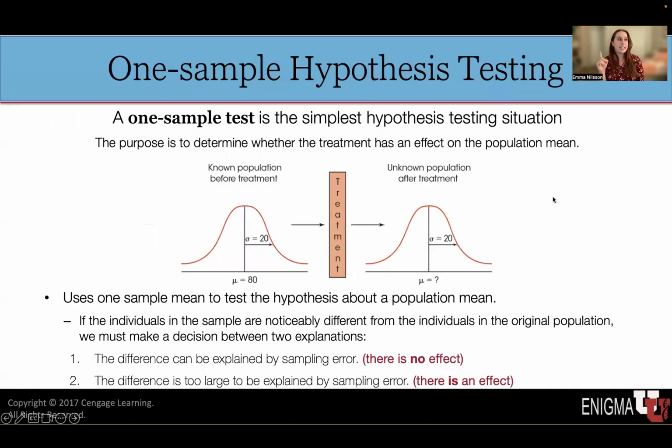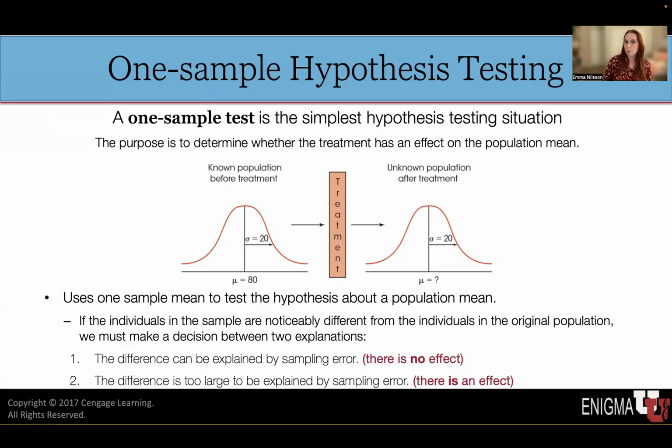The hypothesis testing that we're going to start out with today is arguably the simplest version of it. It's called the one sample hypothesis test, and we will use this as the framework from which we build on to learn the other hypothesis tests in the future.